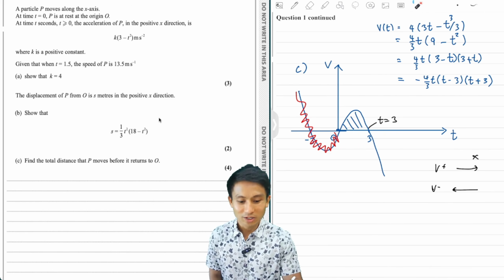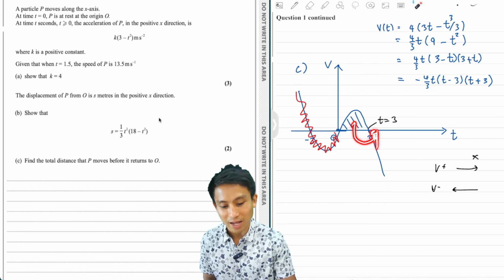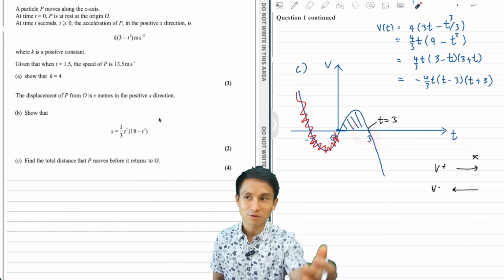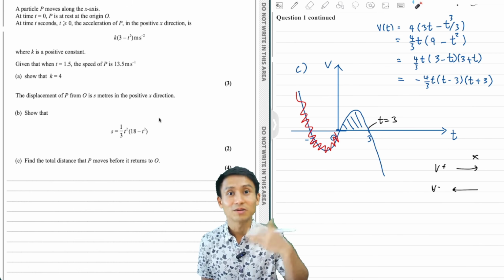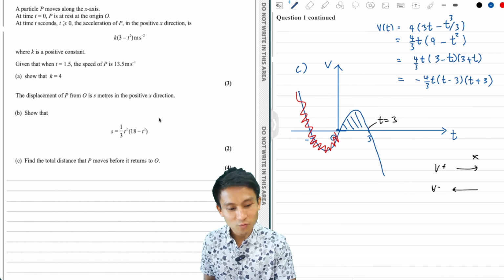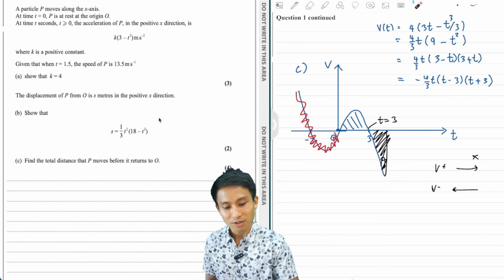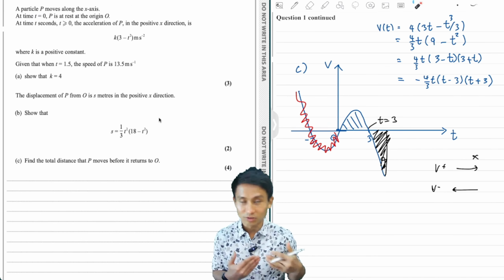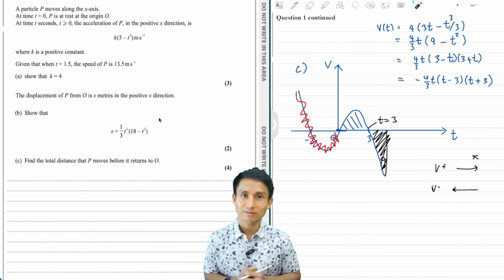So if you go a little bit up to this point, this area will subtract from that area and displacement will be smaller. But in terms of distance, it's going to be greater. So you want this area, whatever it is, to cancel that positive area in order for it to return to the origin. So we are saying this area must be equal to this area.